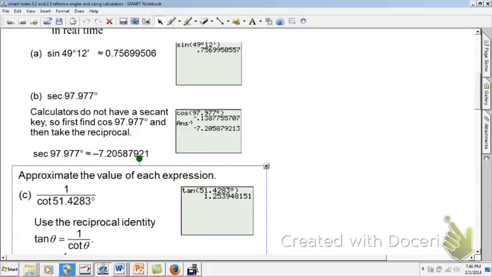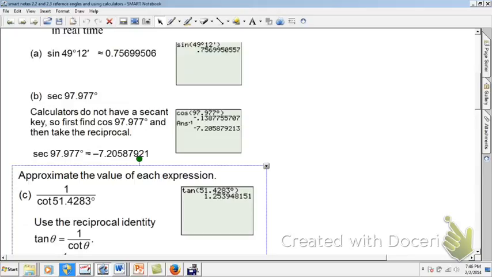Approximate the value of each expression. So notice that it says to find 1 over the cotangent of something. But cotangent of 51 degrees is, cotangent is the reciprocal of tangent.